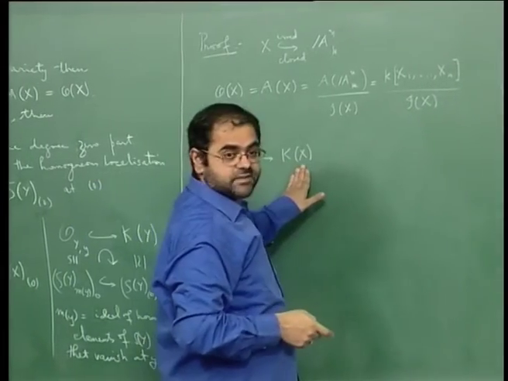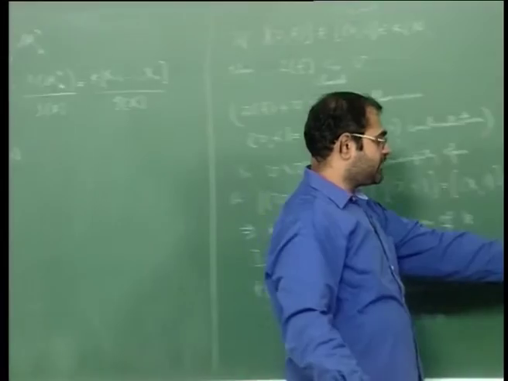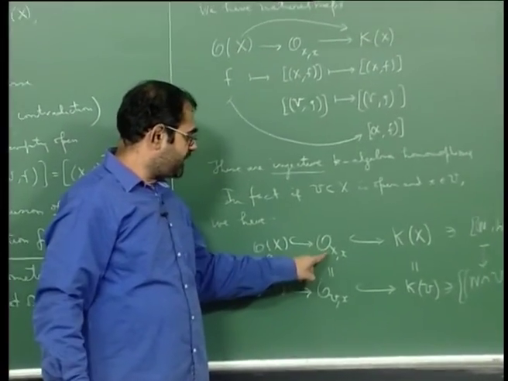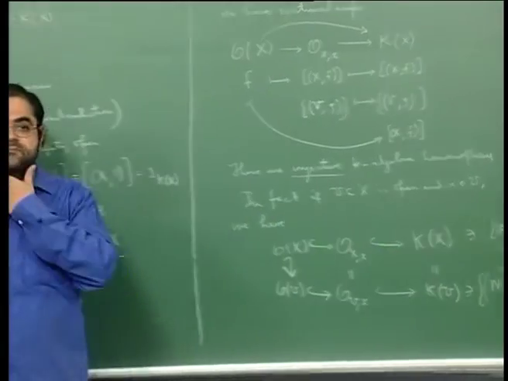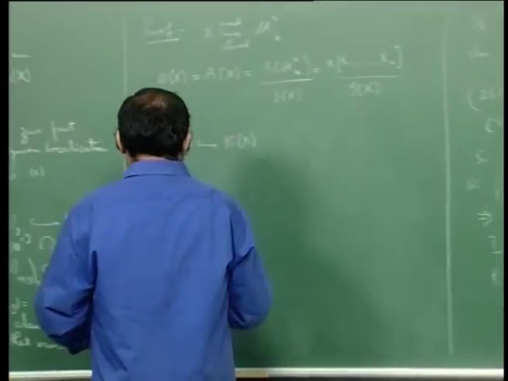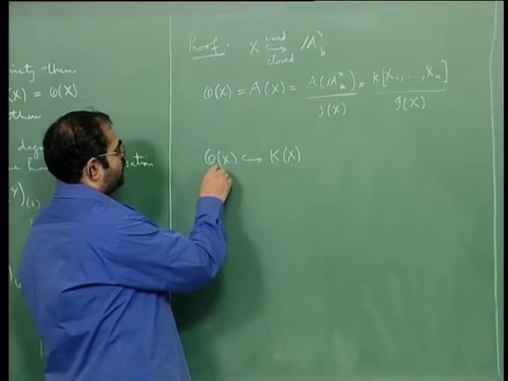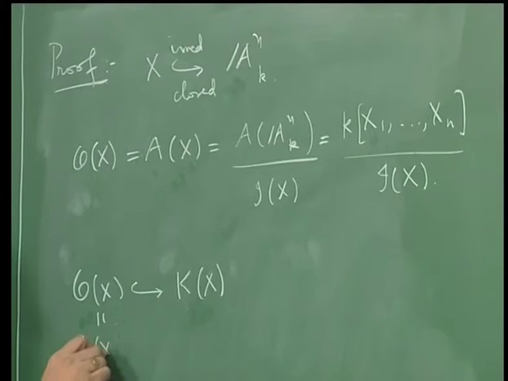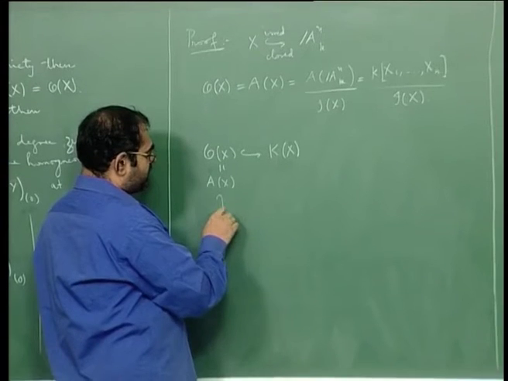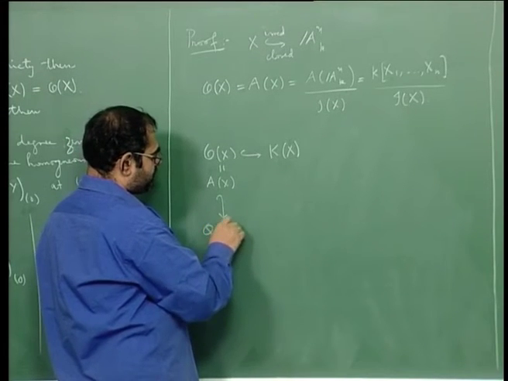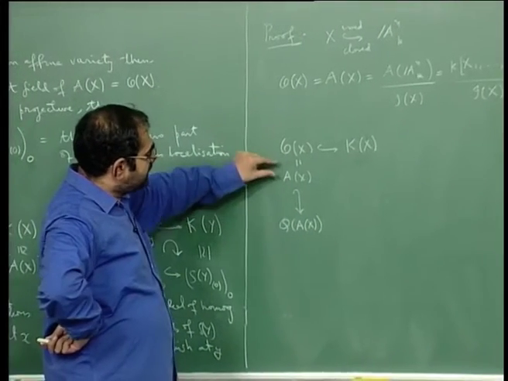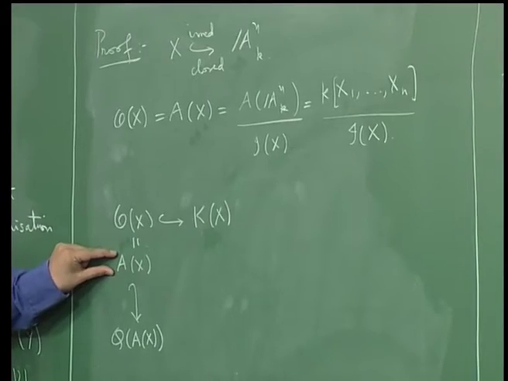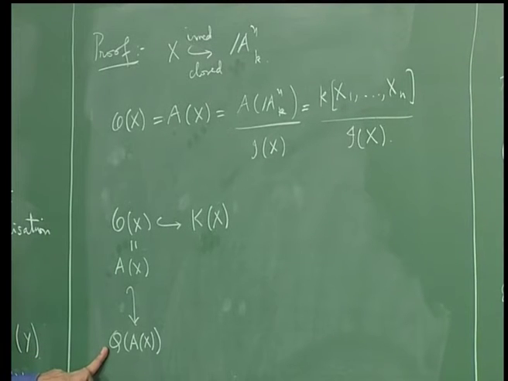This is something that we have already seen. I've mentioned it here. O(X) sits inside any local ring, and that further sits inside K(X), which is the function field of X. On the other hand, O(X) is the same as A(X), and A(X) has its quotient field Q(A(X)). Any integral domain sits inside its quotient field, which is the same as the field of fractions.